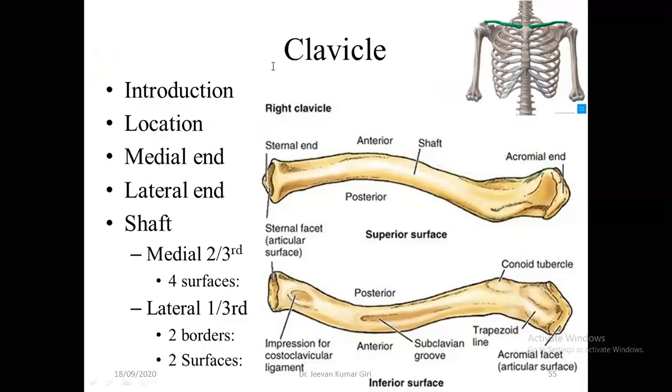Now if you see the medial 2/3 of the shaft, it has got four surfaces. So in the medial 2/3 of the shaft you will find the four surfaces.